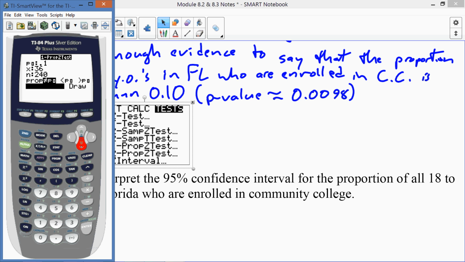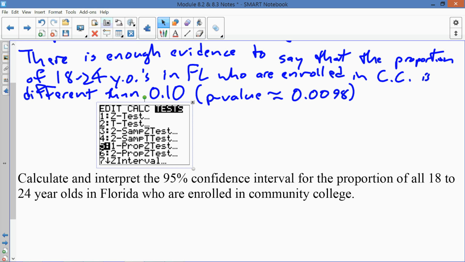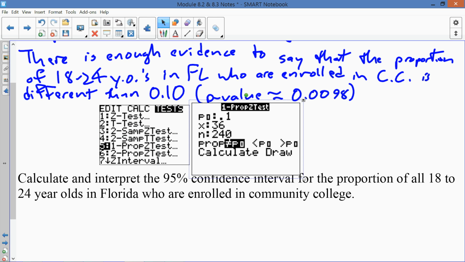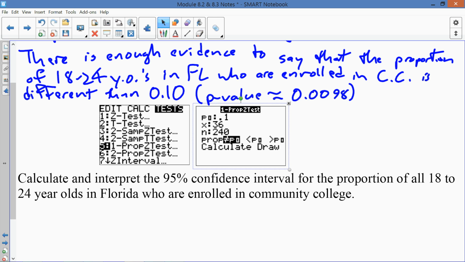We'll go down and hit calculate. I didn't mean to hit enter. All right. I'm going to do a screen capture here. All right. There we go.